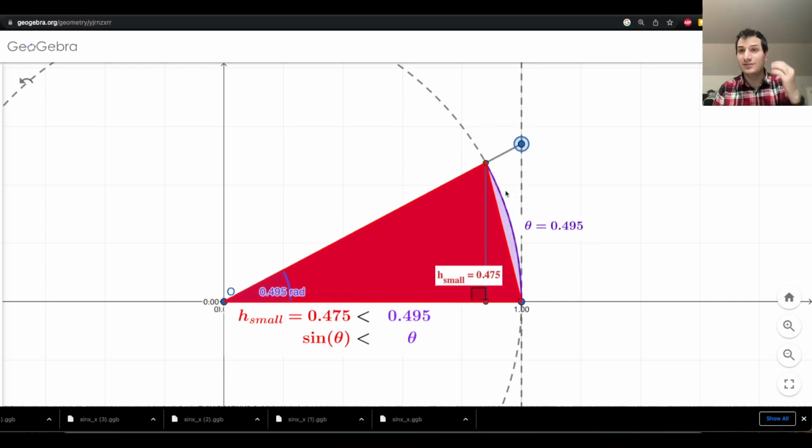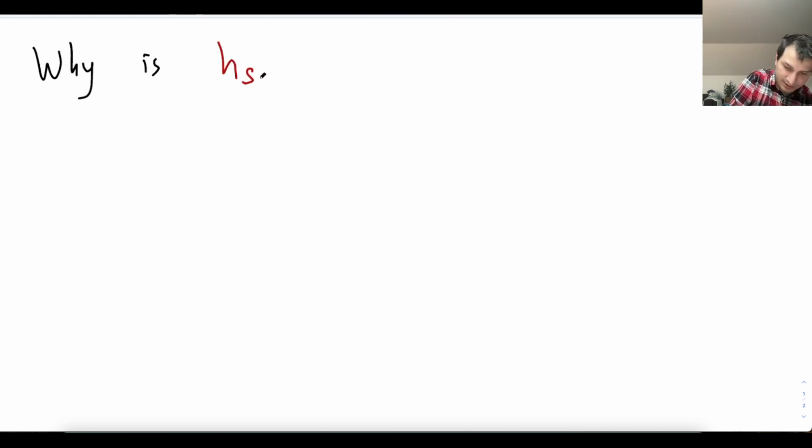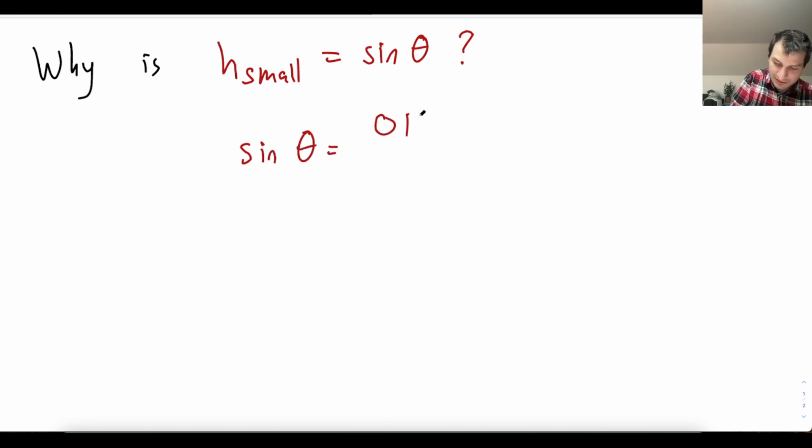So let's see this first part. Let's explain why it is true. Why is h small, the height of the red triangle, equal to the sine of theta? And this is actually just simple SOHCAHTOA. So the sine of theta is the opposite over the hypotenuse.